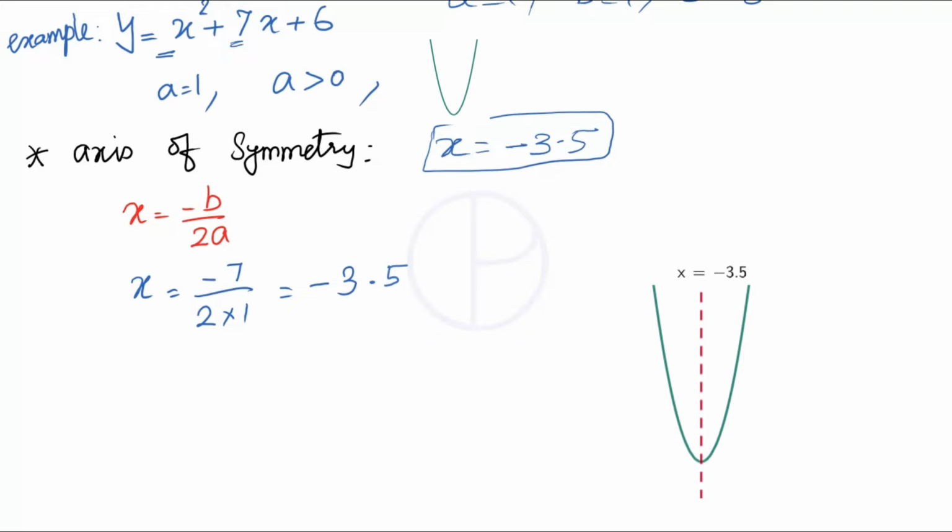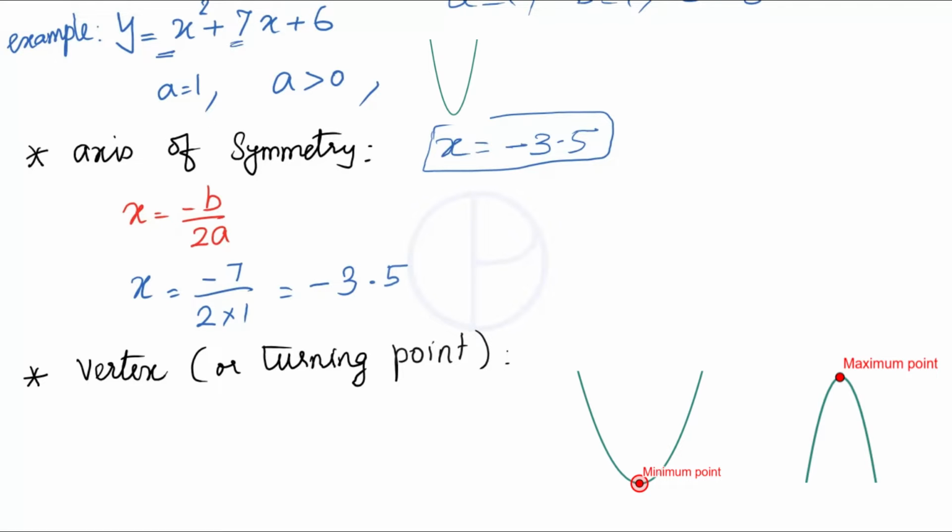Next, we have to find the vertex, which is nothing but the turning point. What is a vertex? The point where the parabola changes its direction, representing either the minimum or maximum value of the curve.